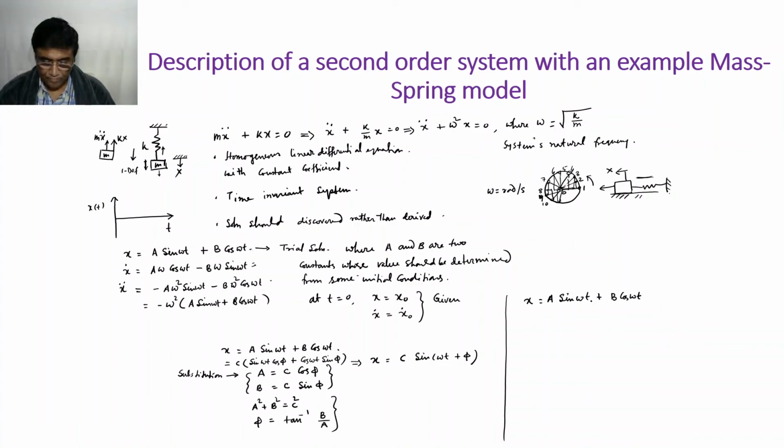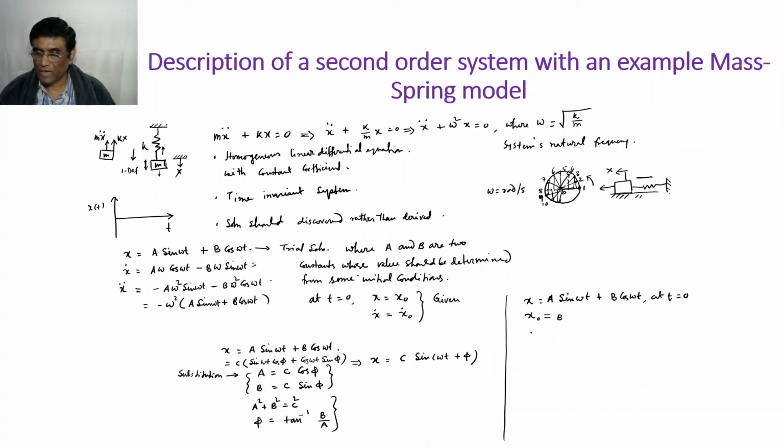omega t. So at t equal to 0, what you have: x naught equals, this is 0, b, this is 1, right?